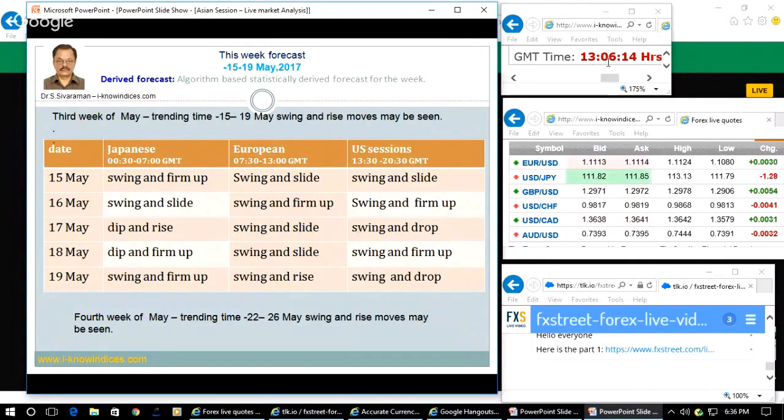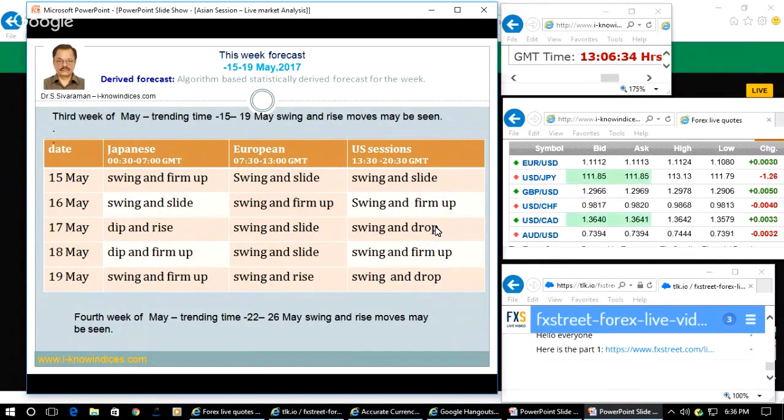Now 13 to 13:30 GMT is the gap time before the start of the US session. So they are making a nominal dip now, but in the US session they are expected to make the higher level swing and then drop.